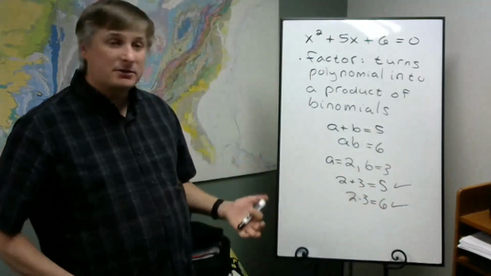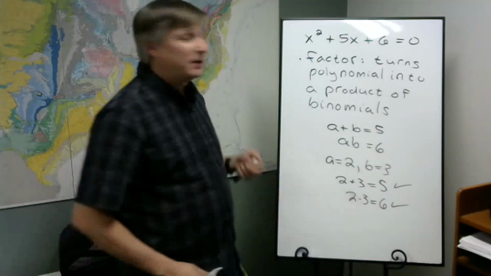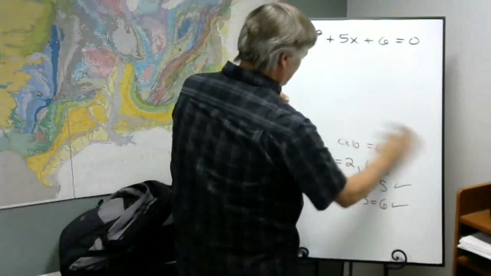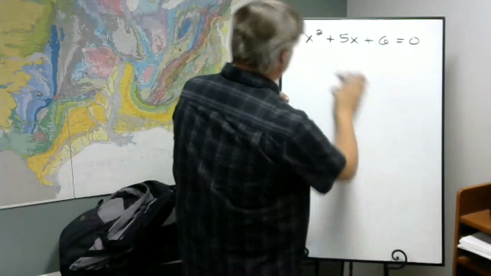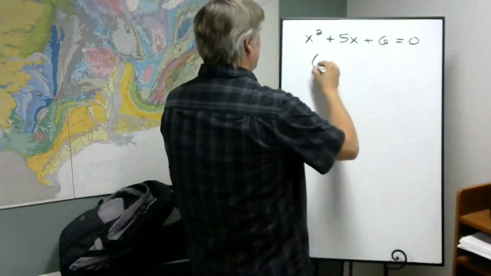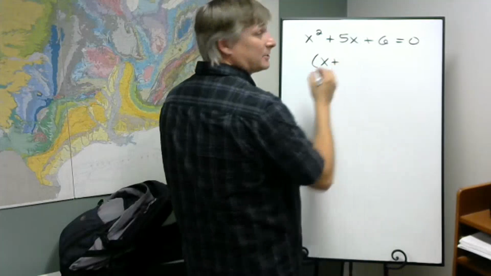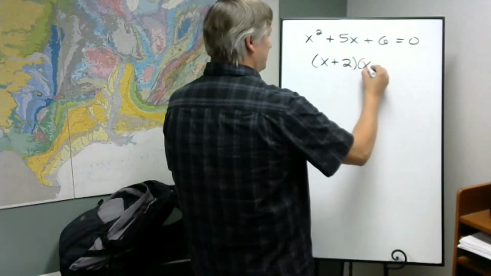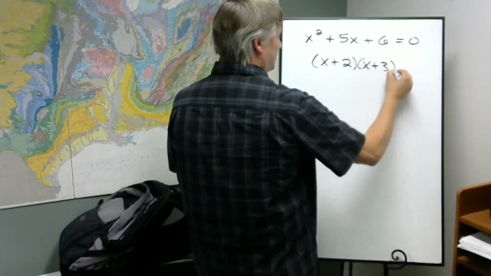So that means A is going to be 2 and B is going to be 3. So this will be x plus A, or x plus 2, and then x plus B, or x plus 3.